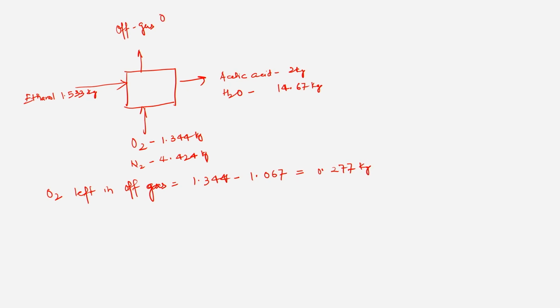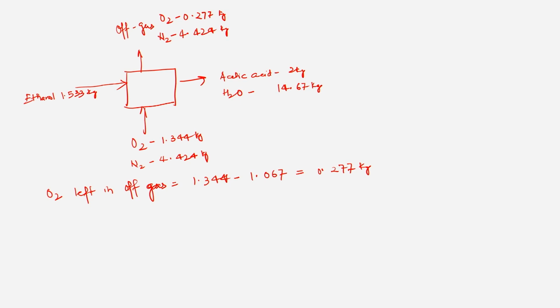So, in the off gas we have oxygen as 0.277 kg, and as nitrogen is not participating, the whole amount of nitrogen will be in the off gas, 4.424 kg.